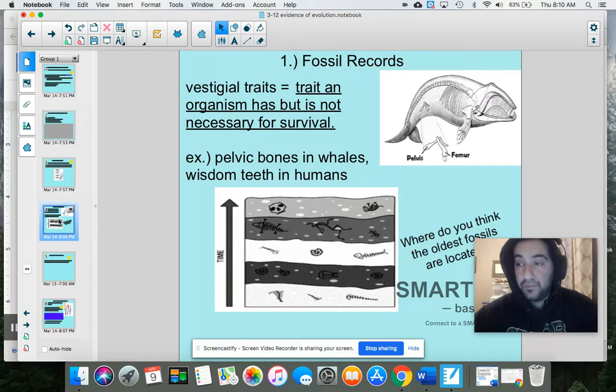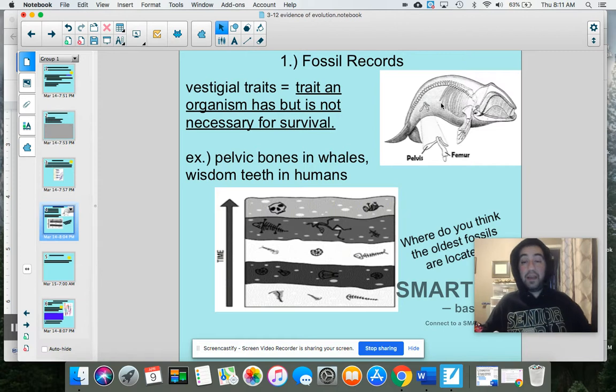So what does that mean? For example, if you take a look at present day whales, if you look closely at their anatomy, whales have pelvic bones. But why would a whale have a pelvic bone? Whales are not land mammals, they're aquatic.